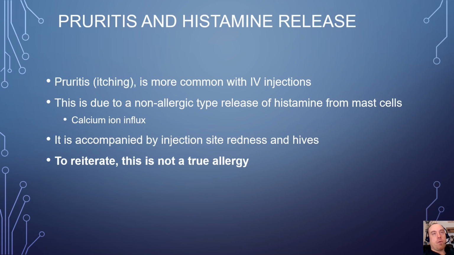Chances are they don't have a true allergy or true anaphylaxis. So it's not the full spectrum of an allergy where your bronchioles and your lungs constrict. It's just histamine release from mast cells that mostly causes a lot of itching.